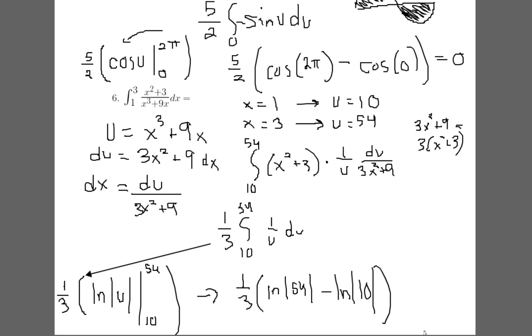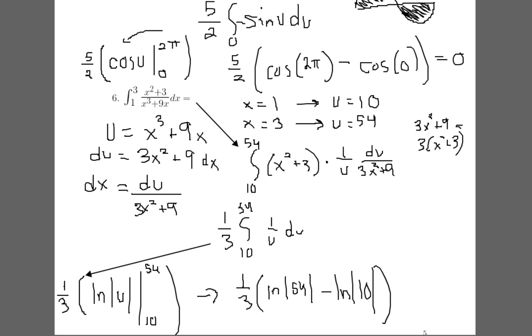So the transition from here to here. We have to change our integral limits, our a and b, from 1 to 3 in terms of u, which in this case is 10 to 54.